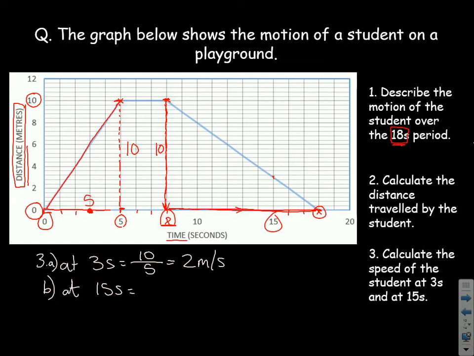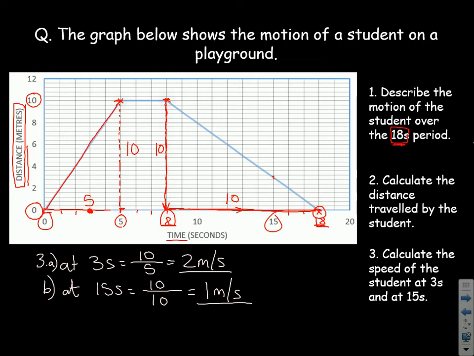It started at 8, and then it hit the bottom at 18 seconds. Therefore, the time period here is 10 seconds. So our speed would be our change in distance, which is 10. It's dropped 10 over a time period of 10. And 10 divided by 10 is 1. Don't forget our units, meters per second.